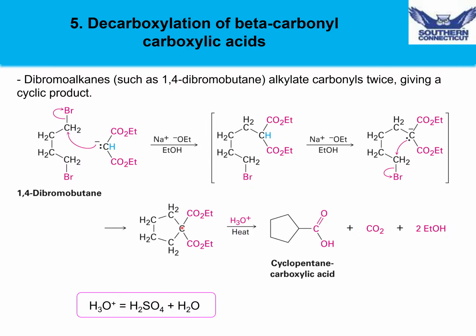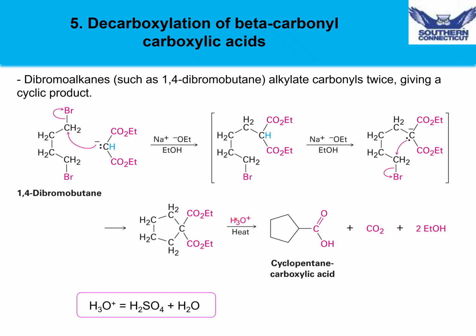The enolate that was made in each case attacked a carbon with a leaving group, first the top one, and then later the bottom one. And so we ended up making a ring that is 5 carbons long, centered around the alpha carbon in between the 2 carbonyls.